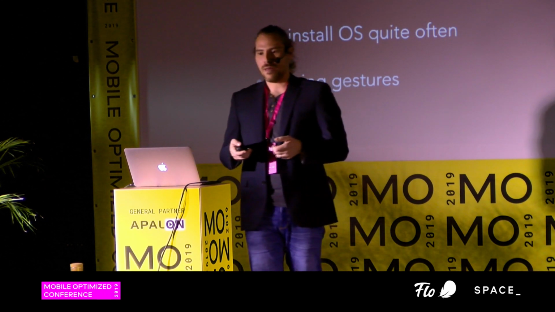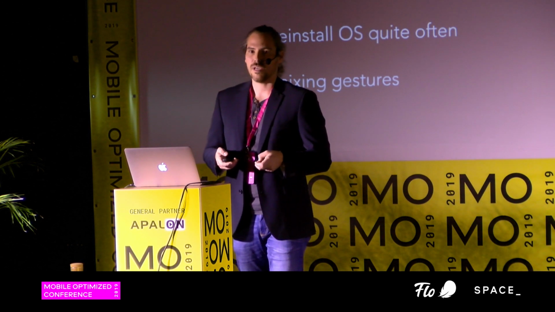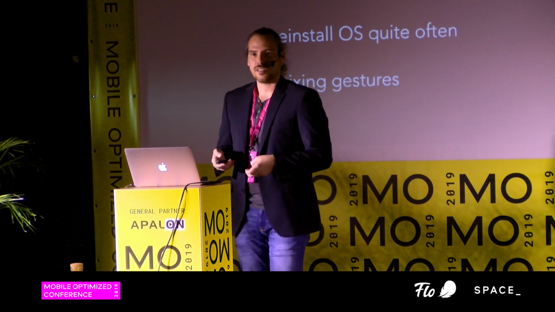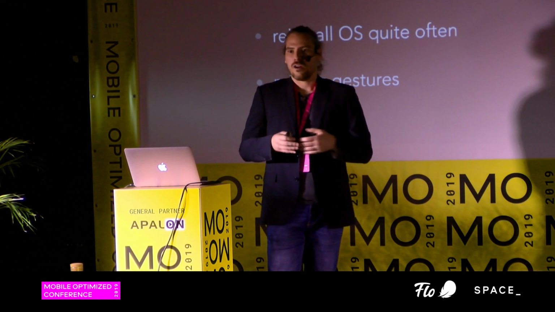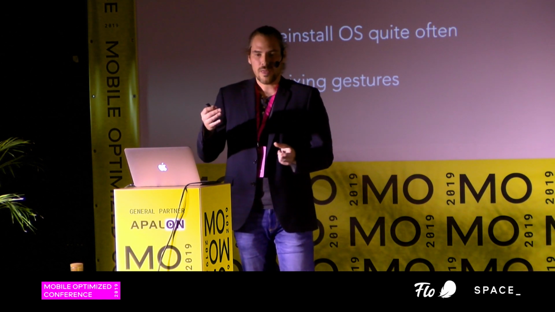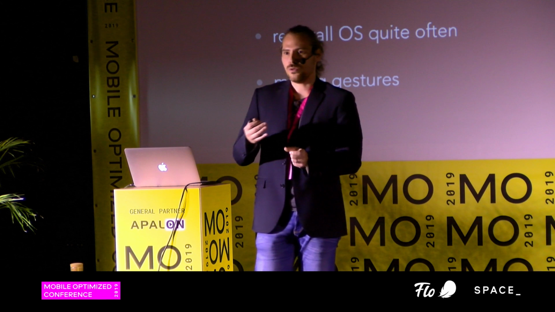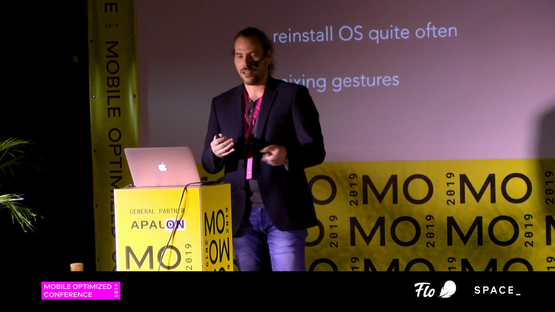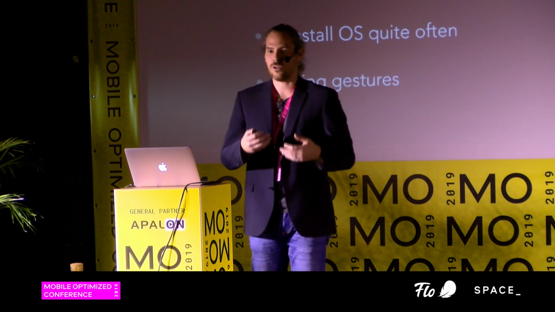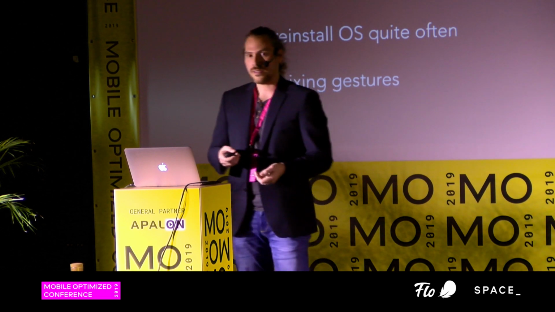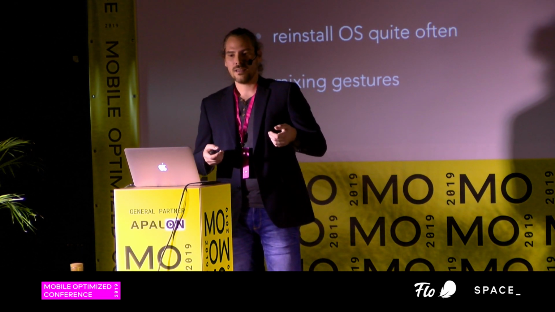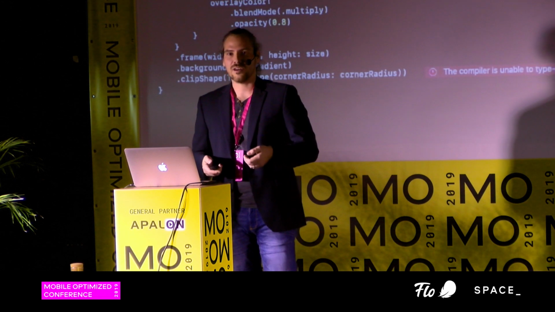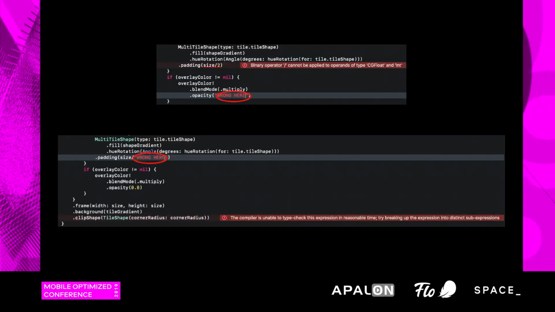And one of the main pain points that I'm still perceiving is mixing gestures. For example, using a drag gesture on a parent view with a standard slider view is really hard, and you need to constantly find workarounds, which is not nice. And Xcode doesn't really help in this case.